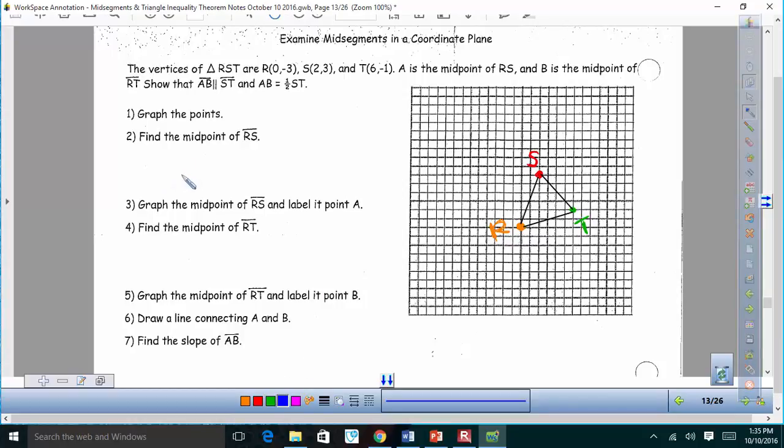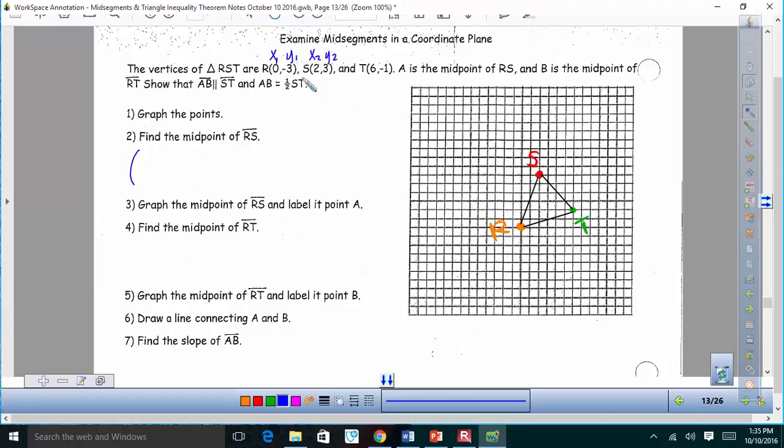Okay, number 2 asked me to find the midpoint of RS. Do y'all remember the formula for midpoint? x1 plus x2 divided by 2 and y1 plus y2 divided by 2. So I'm going to label x1, y1, x2, y2.